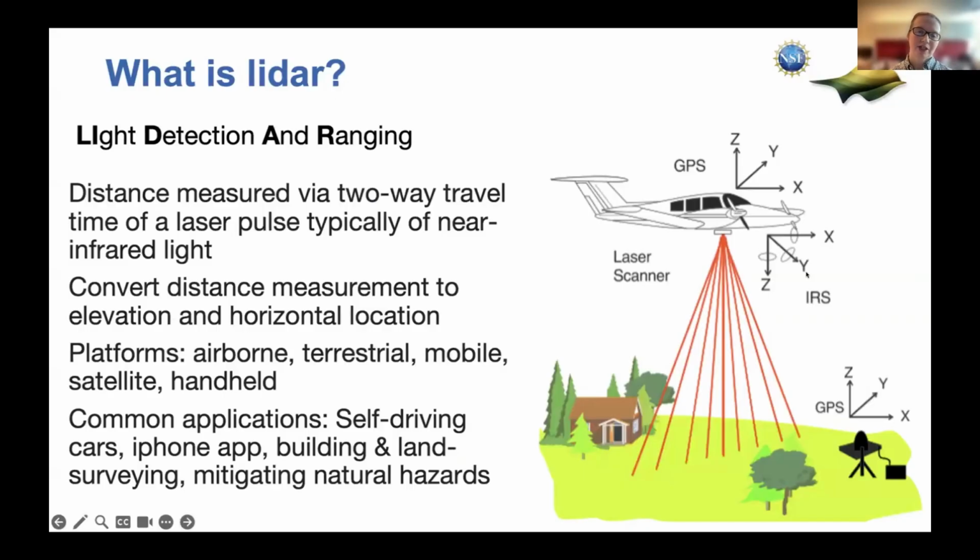This airplane essentially measures the two-way travel time between the airplane and the ground surface using a laser pulse that is typically of near-infrared light. Then with knowledge of the airplane's position, we can convert those measurements to elevation and horizontal location. And this can then give us often sub-meter measurements of elevation.